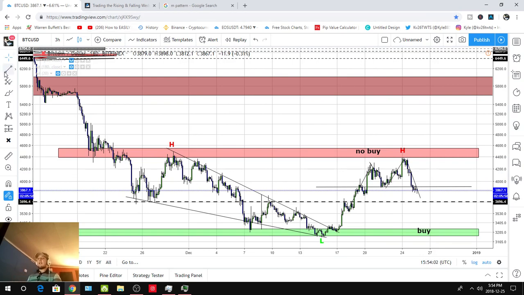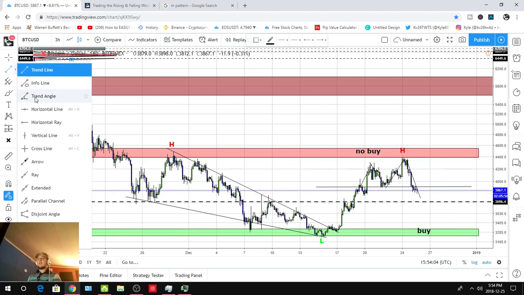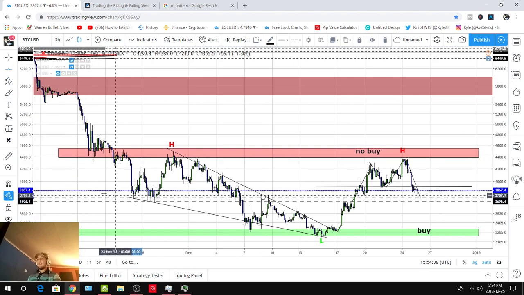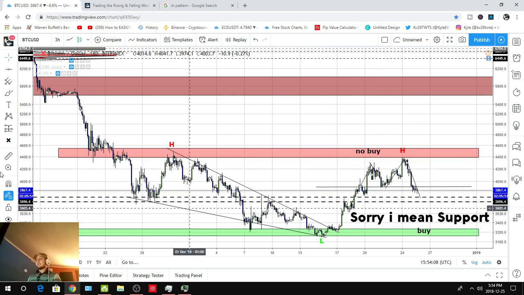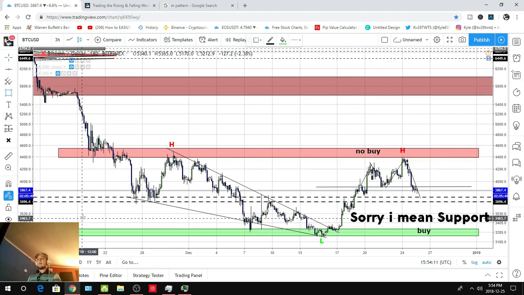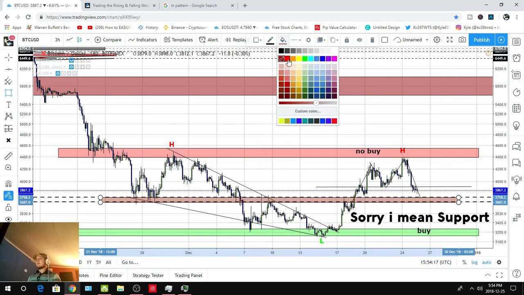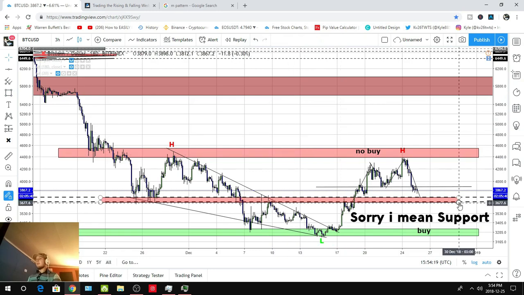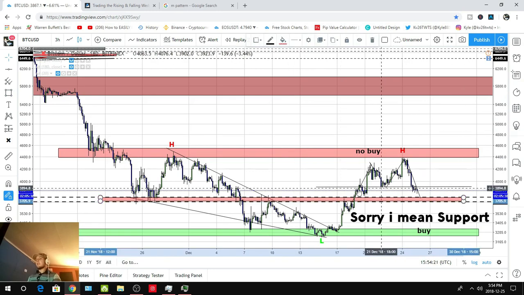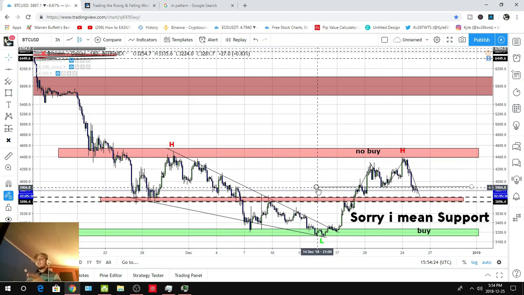We identified there's a possibility of resistance in that zone specifically, correct? There's a possibility of resistance, correct?